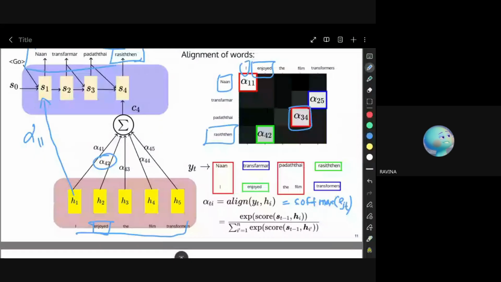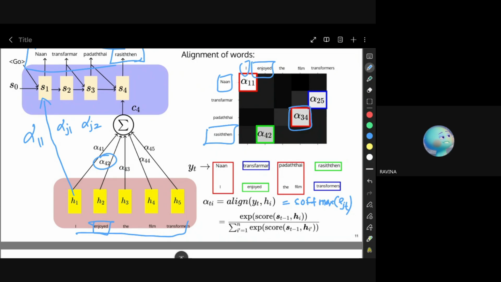Now the issue was that at each timestamp I have to compute this attention score, right? Alpha, let's say, some j and 1, so all the alpha_j's, for example H1 to H5. Similarly alpha_{j2}, again something different. Then I have to compute this at each timestamp of the decoder.